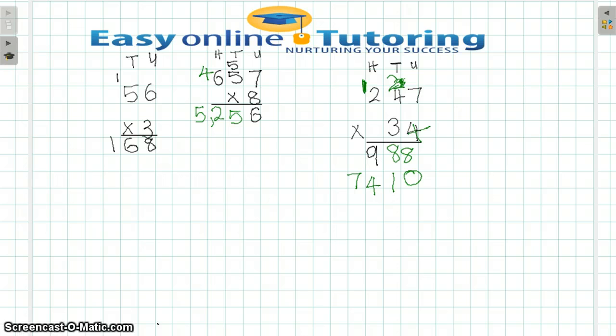And we draw a line for completeness, because we've got 2 rows of numbers, and we need to add them together to get our final answer. So we have 8 plus 0, which is 8. We have 8 plus 1, which is 9.